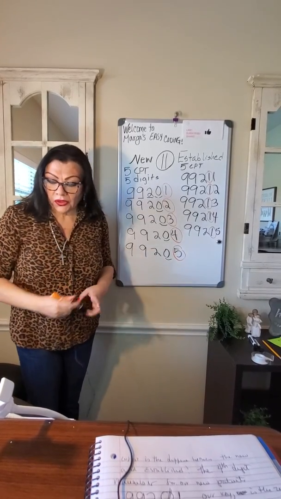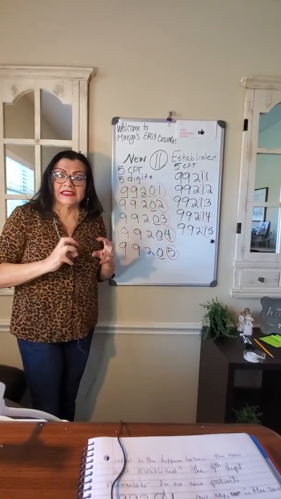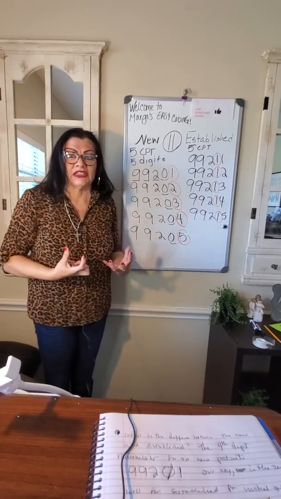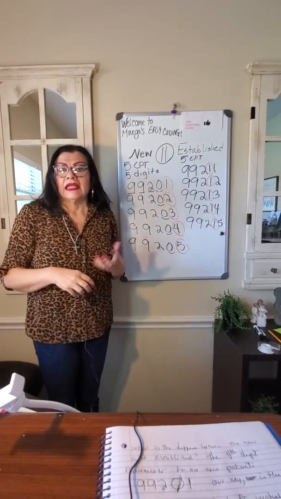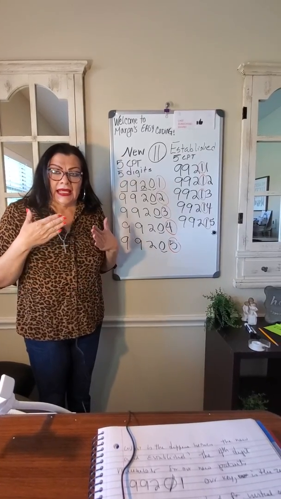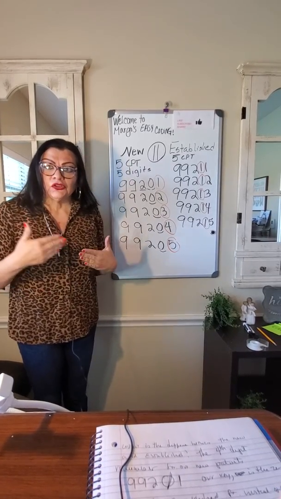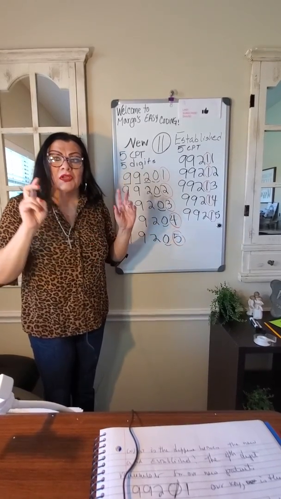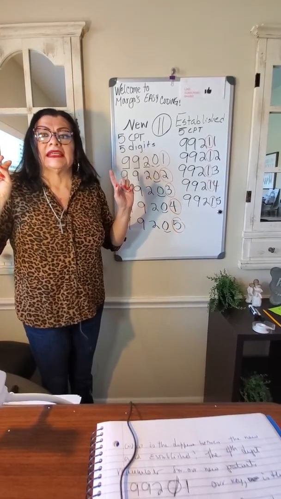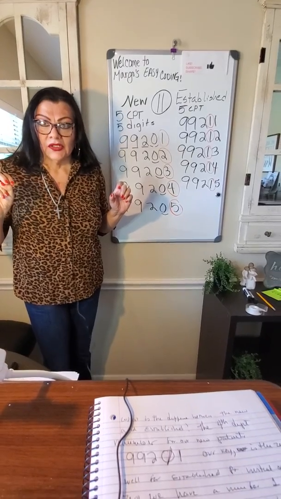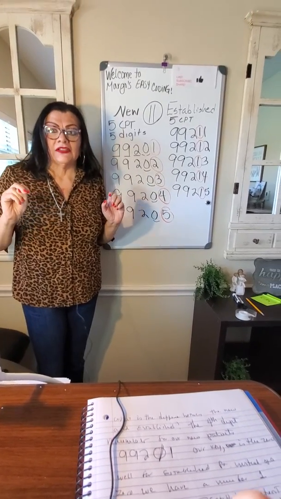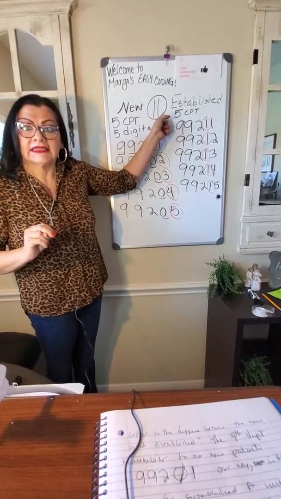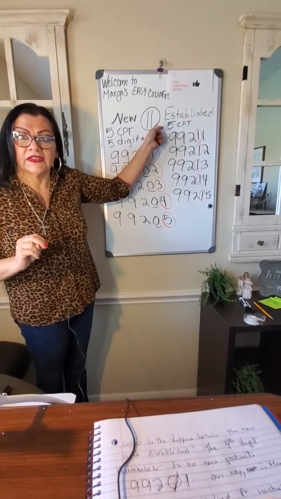Remember, in the world of coding, everything that the doctor does, everything that happens with the doctor, around the doctor, the hospital, is converted into codes. The doctor's office is the place of service, which translated into a code is 11. 11 is place of service office.